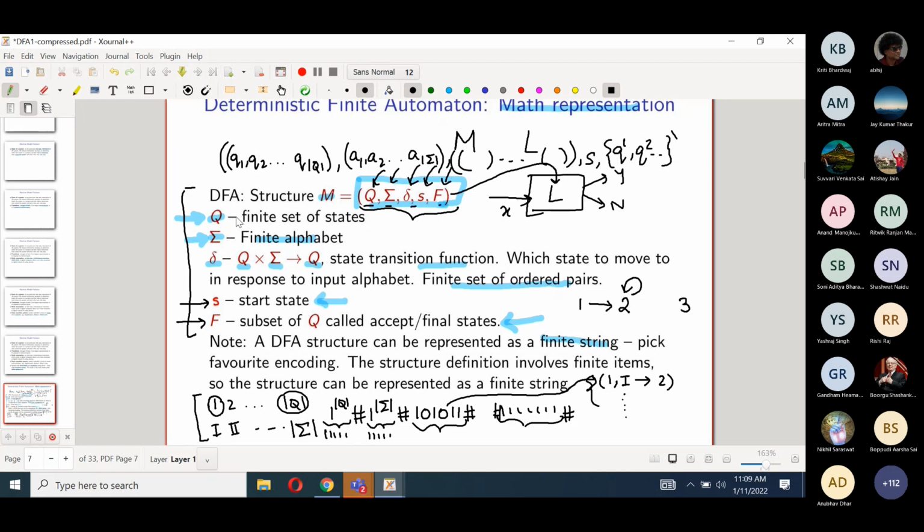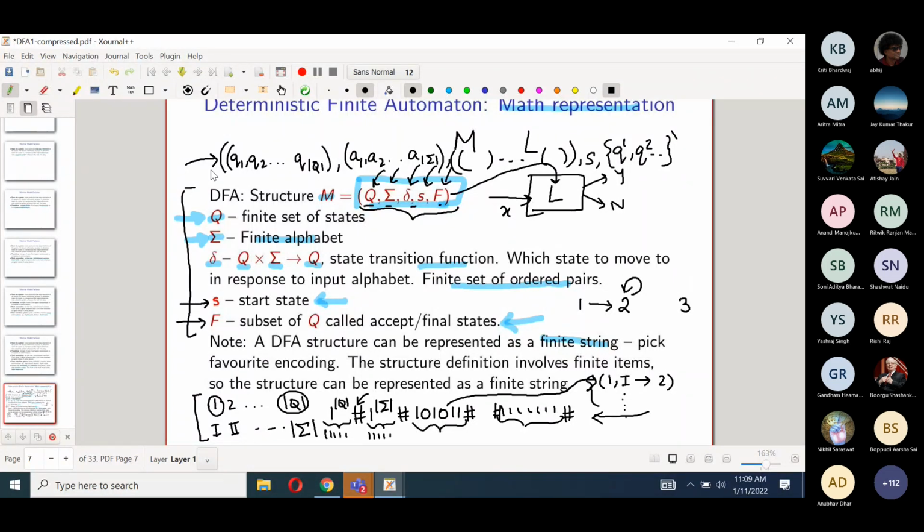You can also be more specific. You can in fact write it down as a binary string as well. One way of doing it is the way I was talking about. It's not fully binary, I use these hash symbols, but you can replace them by a certain number of zeros. You can try and see how you can represent whatever I have written in English in terms of zeros and ones.